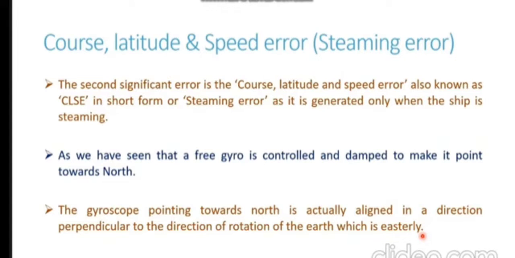So the basis of the entire motion of the free gyro is actually the rotation of the earth. By using the control precession and the damping precession, we have made such an arrangement that the spin axis points in a direction which is at right angles or perpendicular to the direction in which the earth is taking us, that is the easterly direction.